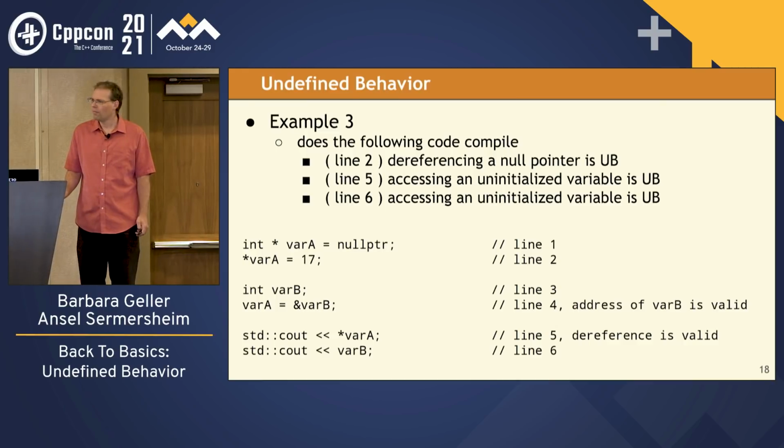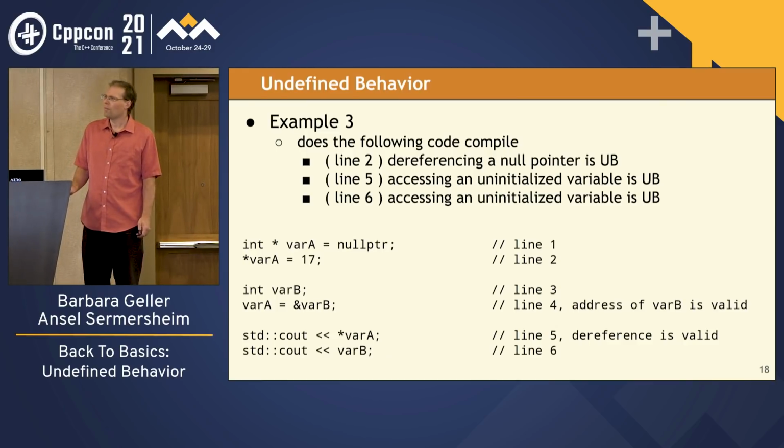Is that unspecified or undefined? So the question was, if we were to just output var A without dereferencing it, it's an address in memory, so it's unspecified what the actual address would be. Yeah, and you'd have to do some type conversion to get cout to actually print it, but that's perfectly reasonable to print. It would be unspecified.